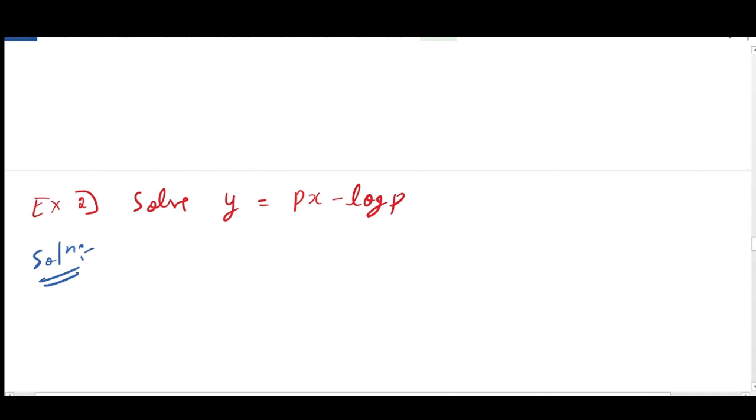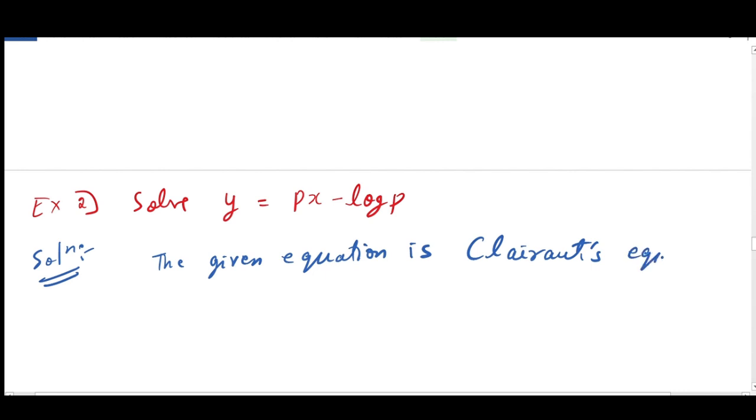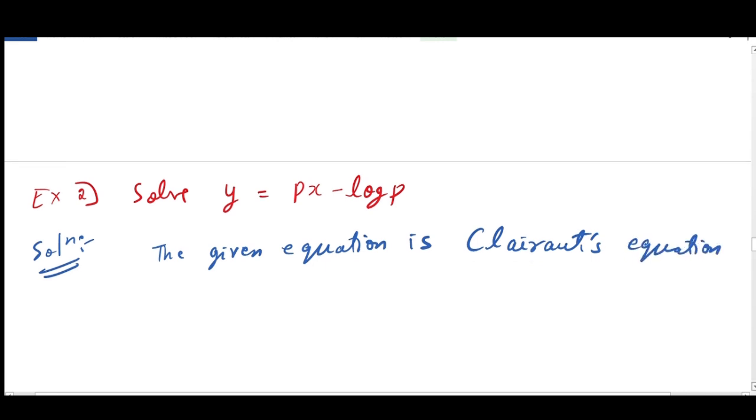Looking at the example, sometimes 2p or 3p's come, sometimes 4p comes in the exam. In that case, you have to think that the given equation is Clairaut's equation. This is the first step, very important, you have to remember.